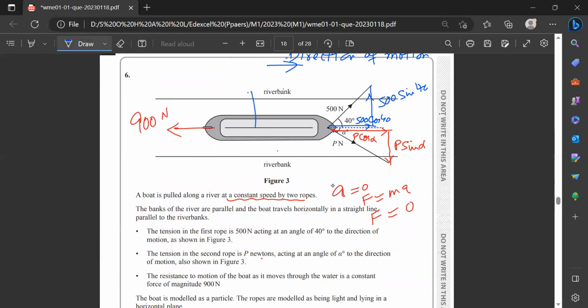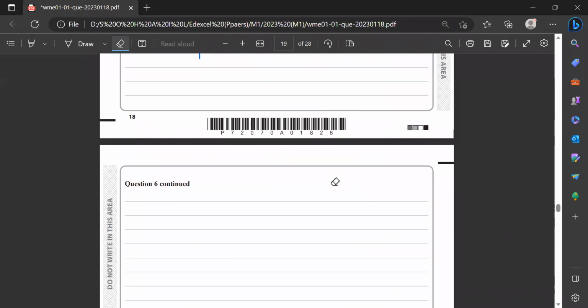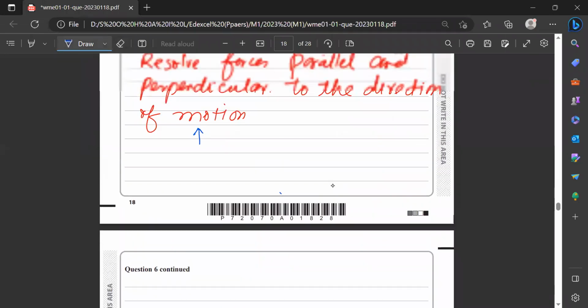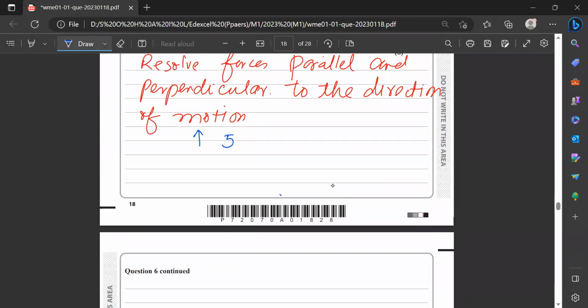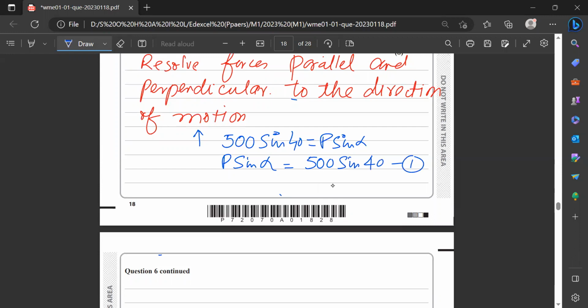So P sine of alpha is equal to 500 sine of 40. This is the first equation.